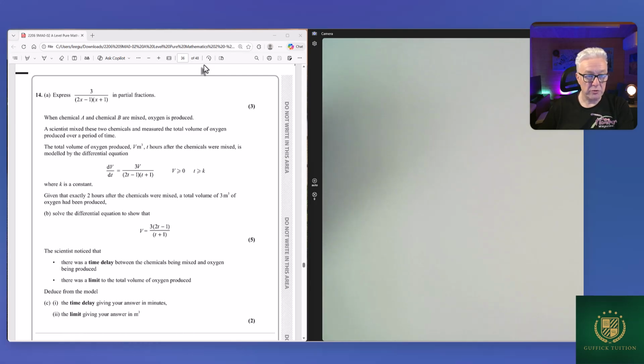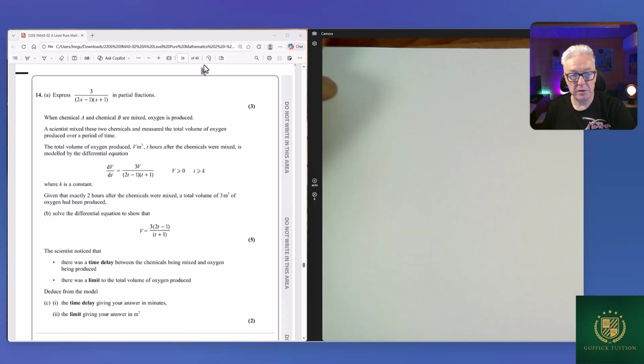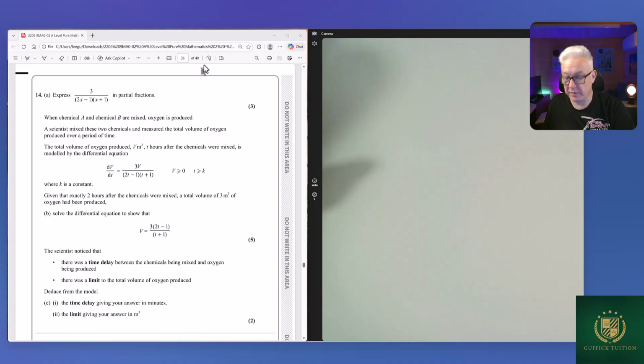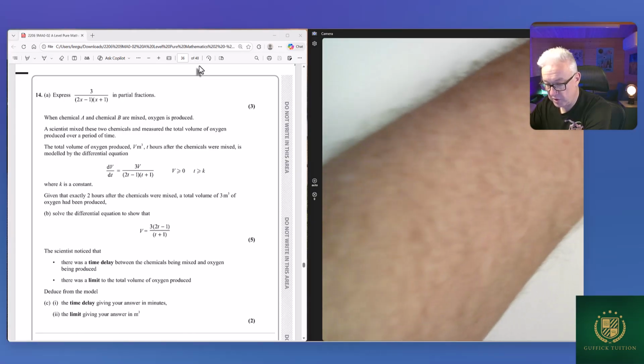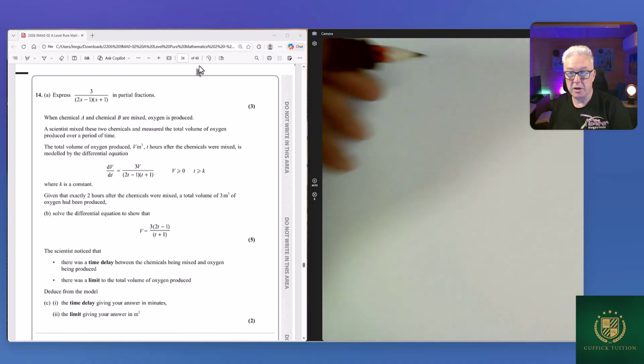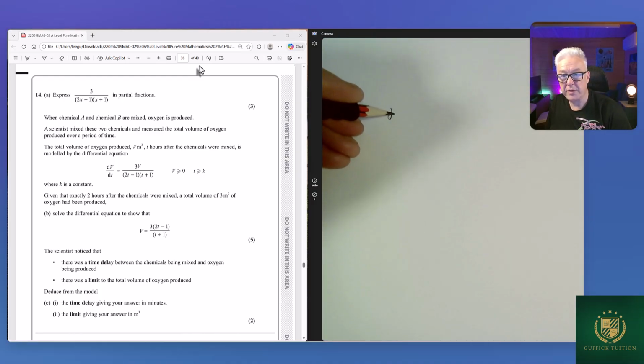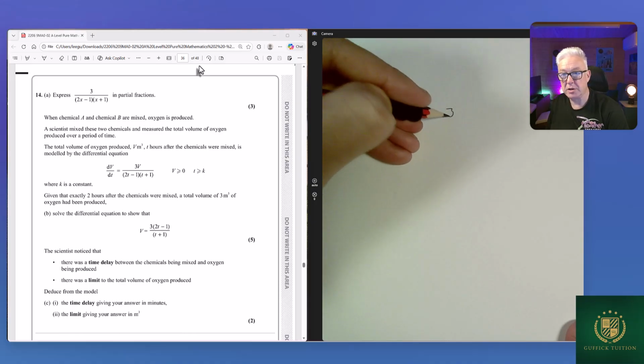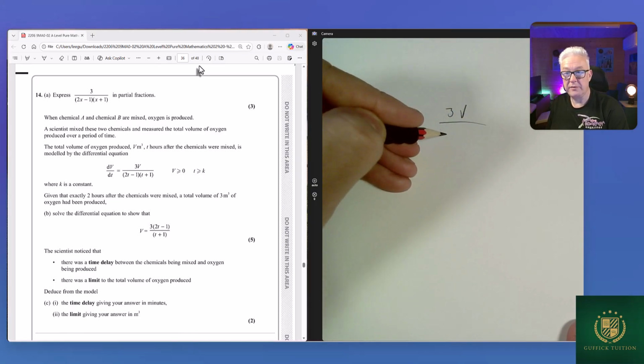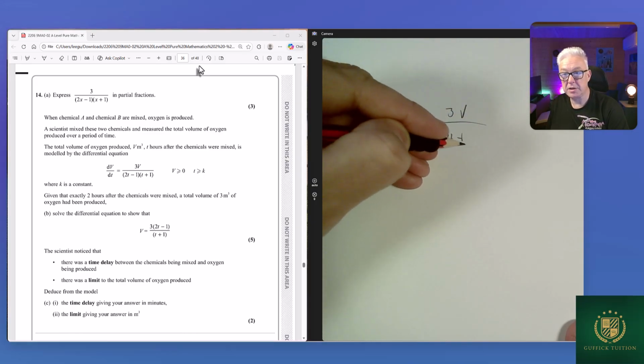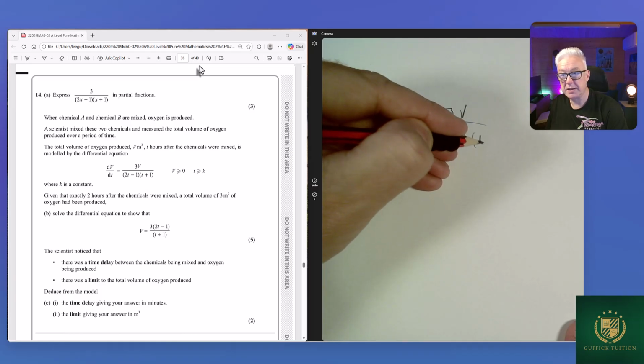Okay, right, so solving differential equations. So the first step is separating the variables. Okay, so that's always our first step when we're solving differential equations. So let's have a look at that. So what have we got? Our differential equation is dV by dt is equal to 3V over (2t minus 1)(t add 1).